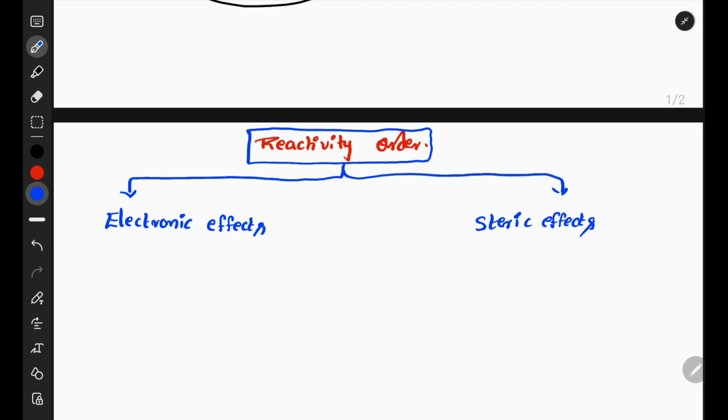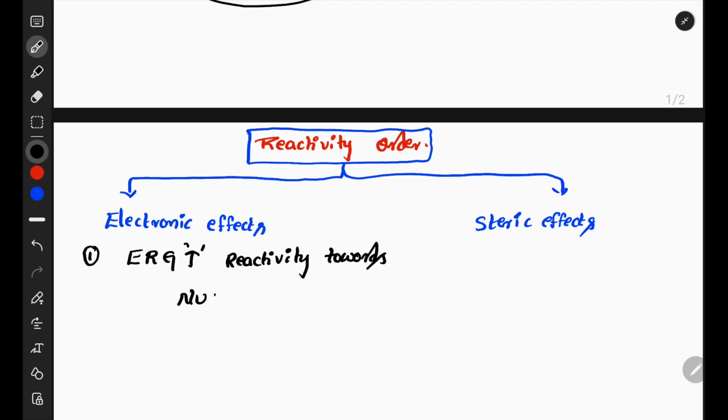When electron releasing groups increase, the reactivity towards nucleophilic addition reactions decreases.